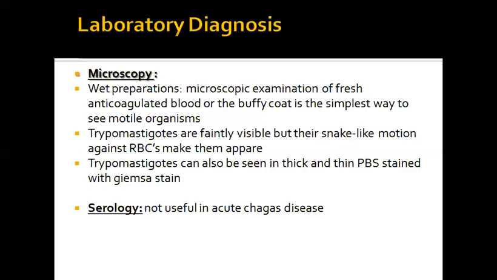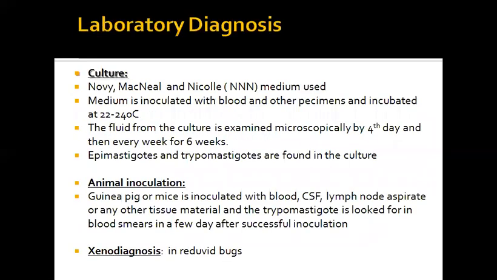They are faintly visible, but their snake-like motion against the RBCs makes them apparent. So the trypomastigote forms are motile; they move in the wet mounts. Trypomastigotes can also be seen in thick and thin peripheral blood smears stained with Giemsa. Serology is not useful in acute Chagas disease.